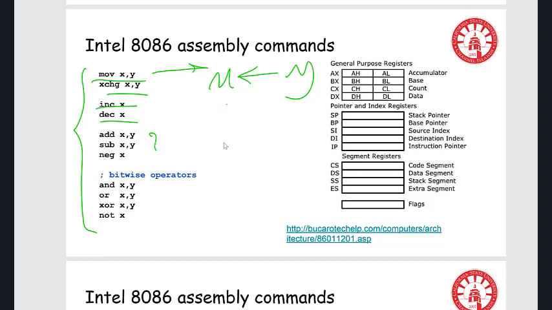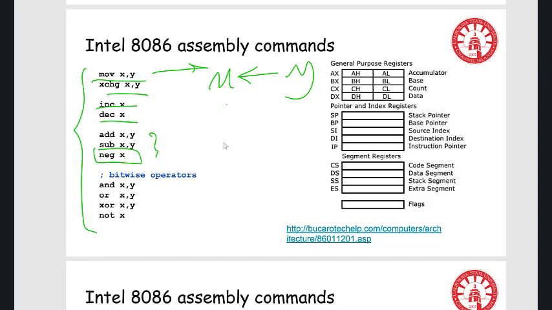Here we have add and subtract operations. Add means that you add the content of register Y to X and then put the result into register X. For subtract, you subtract Y from X and then put the result into register X. Negation produces the negative value of register X for you.